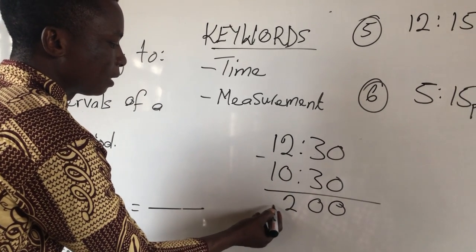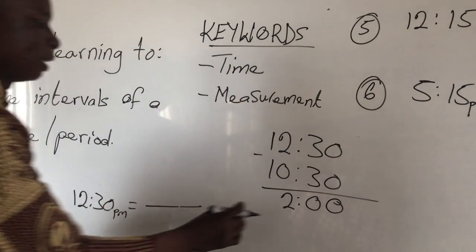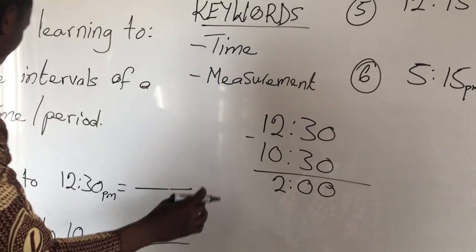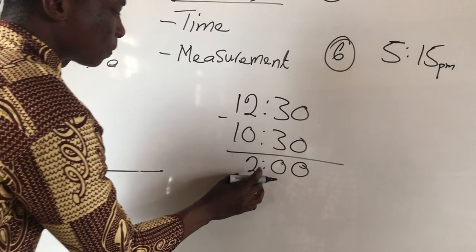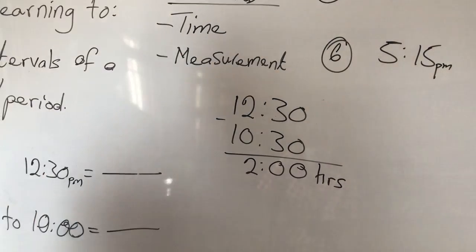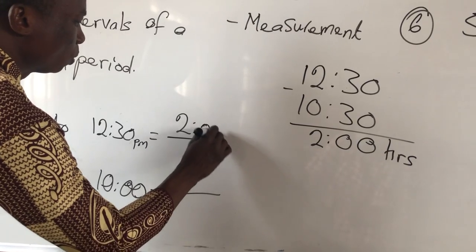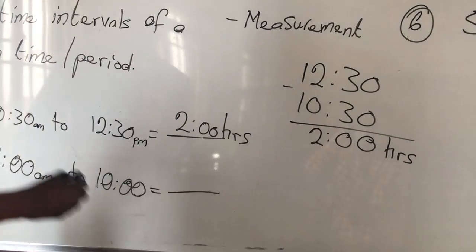You can either write the 0 or leave it. Now, this is telling you how many hours we have spent. We have spent 2 hours. So we quickly write it here: 2 hours.